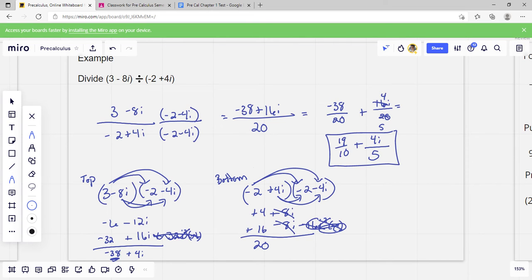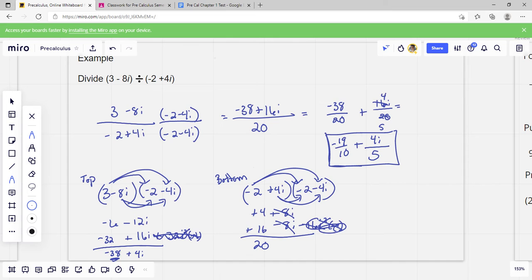Now we could check and make sure we got it right by multiplying it back out. So we could say negative 2 plus 4i times negative 19 over 10. Oops, that's negative. But that's how we get the answer.